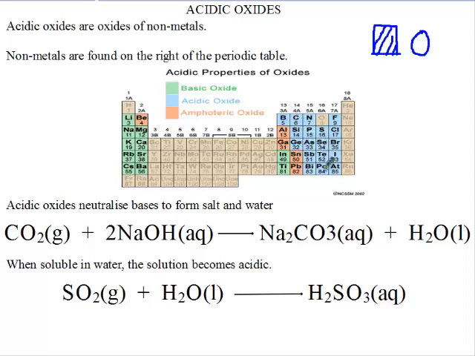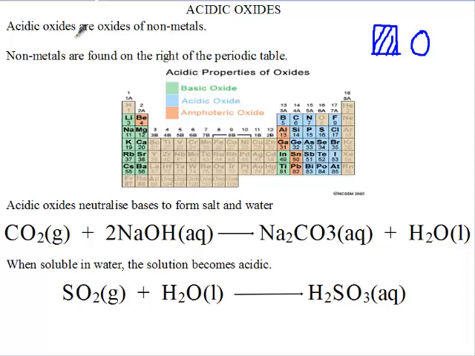So if any of these elements exists as the cation attached to oxygen, then we have an acidic oxide, because these elements here are non-metals.